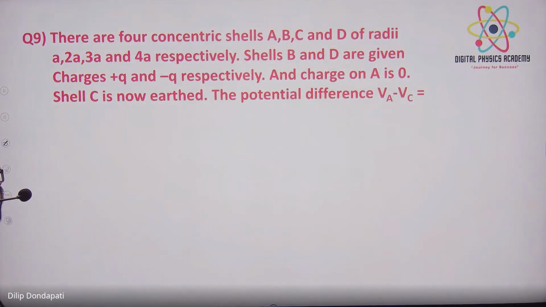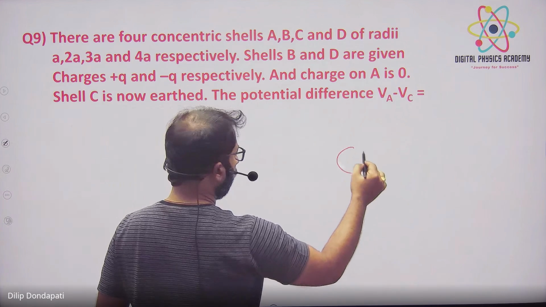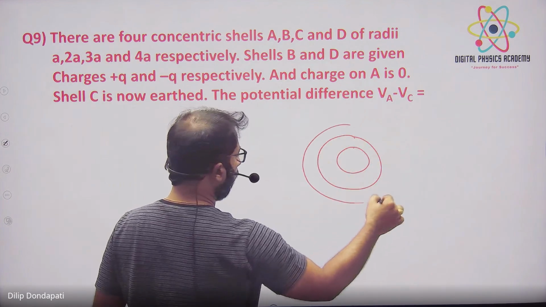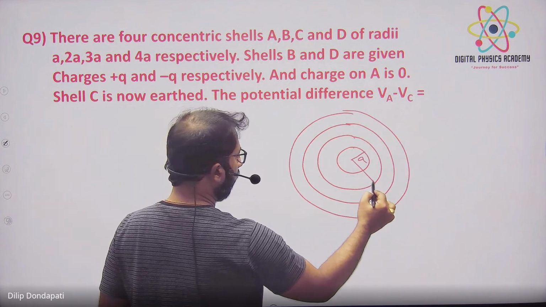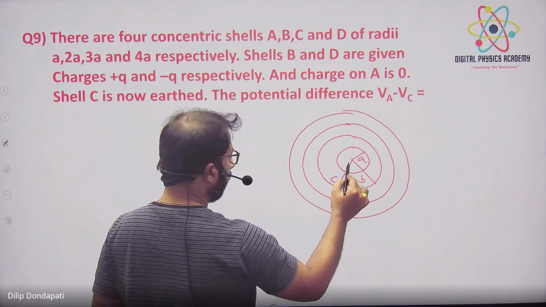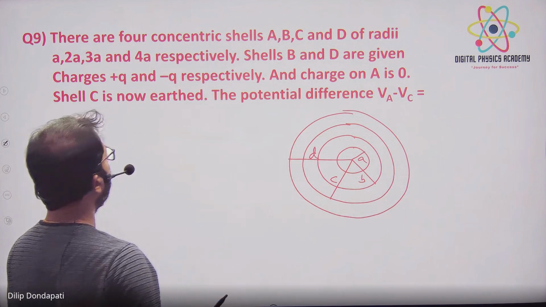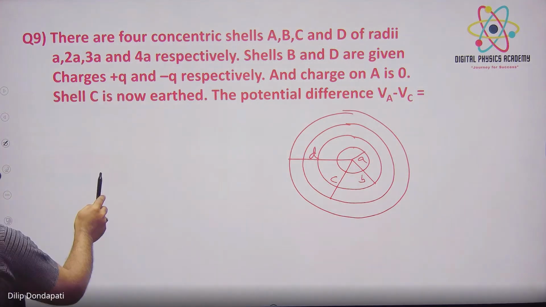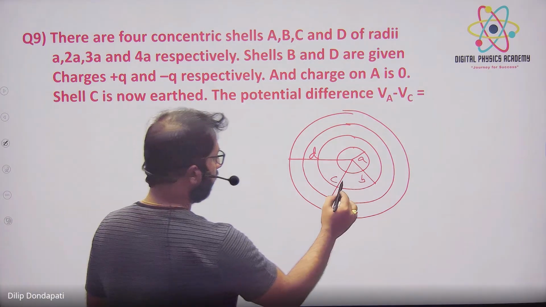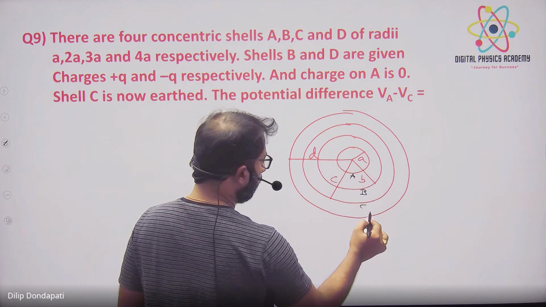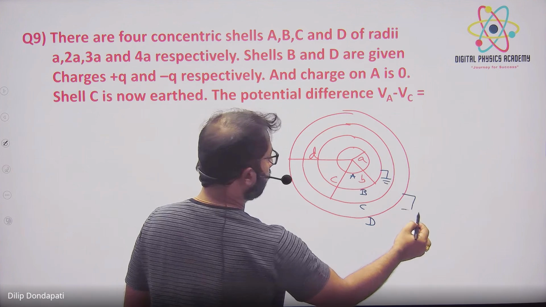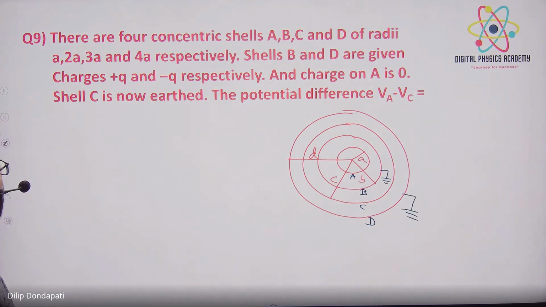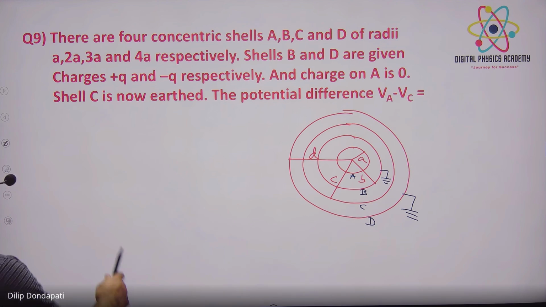There are 4 concentric shells A, B, C, D, and the radii are also given: 1, 2, 3, 4. Shells B and D are earthed. So their names are A, B, C, D. B is earthed and D is also earthed. Earthing is not done for the others.